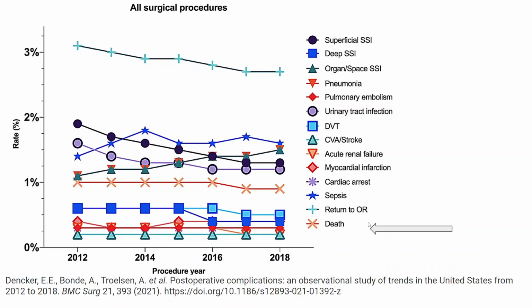Now, I said about 7.7% of the total deaths are post-operative deaths, and that death complication is at the base. This gray line is about the death. But the other complications, like surgical site infections, are still quite high.